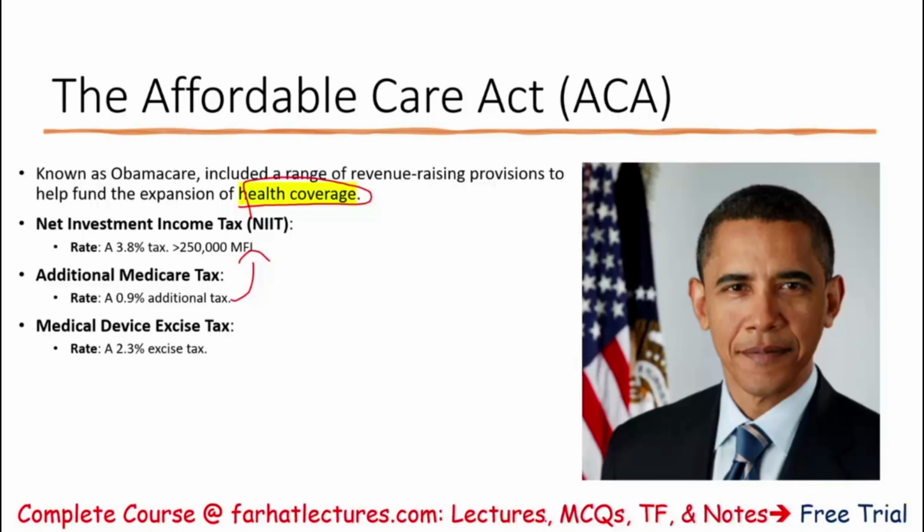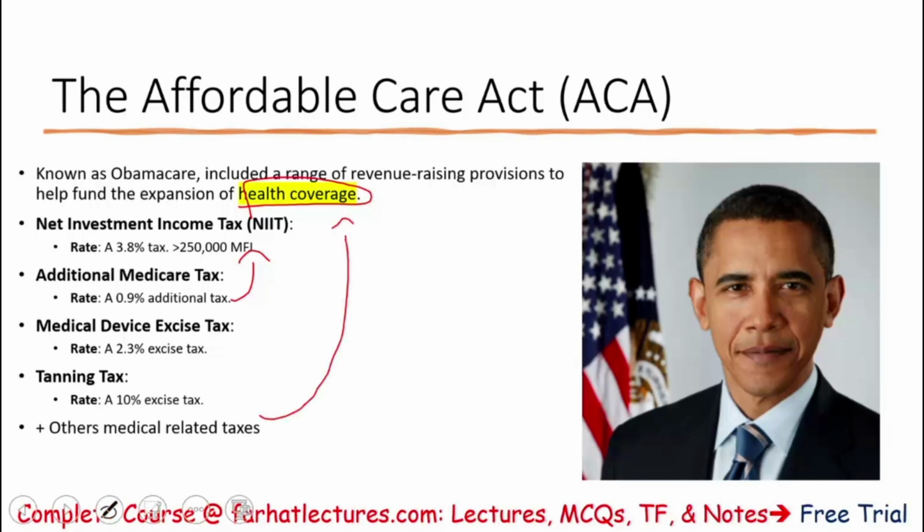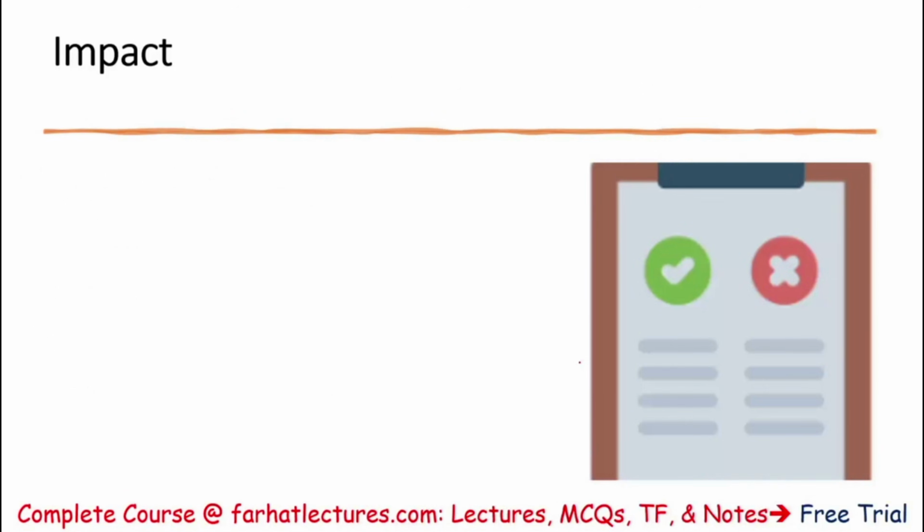It added something called medical device excise tax. If you manufacture or buy medical devices from overseas, you pay 2.3% in excise tax. It even introduced something called the tanning tax. So if you have a tanning salon and you service people, there's a 10% excise tax, as well as other medical related taxes. Again, what is the goal? The goal is to increase the health coverage, so you need to raise money. So you introduce the Obamacare.